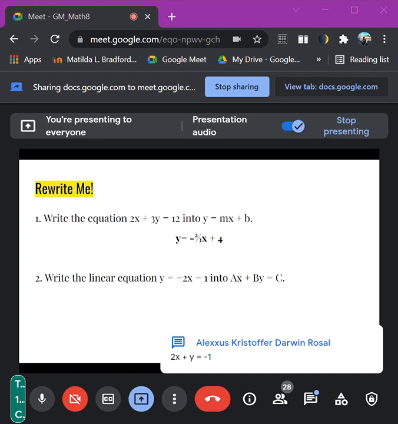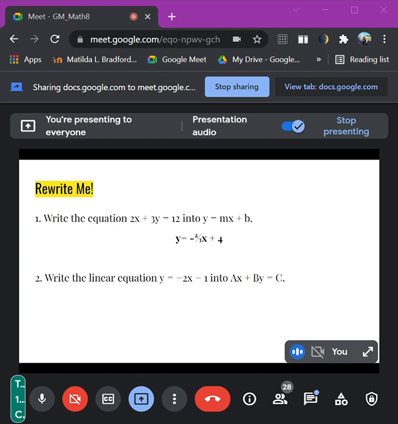We have 2x plus y is equals to negative 1 from Rosal.